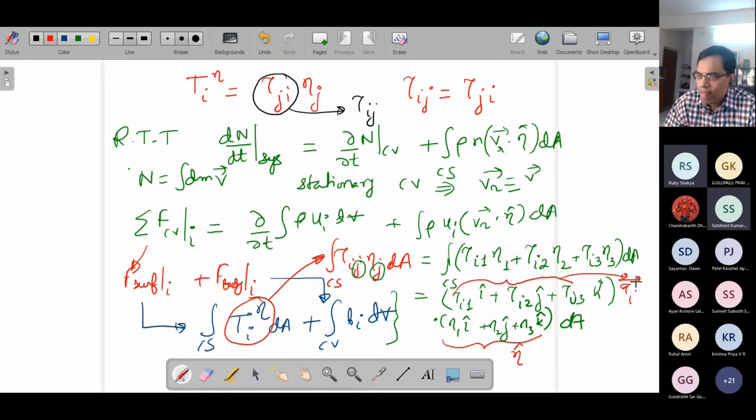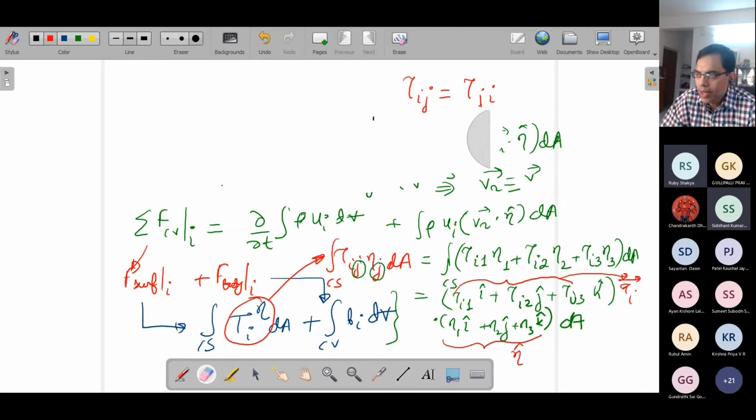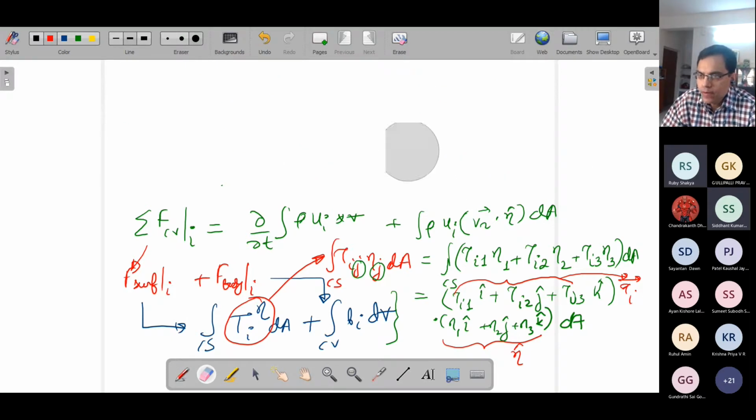So to express the momentum balance, which we will write at the top, it is essentially this equation where we are substituting all the terms.